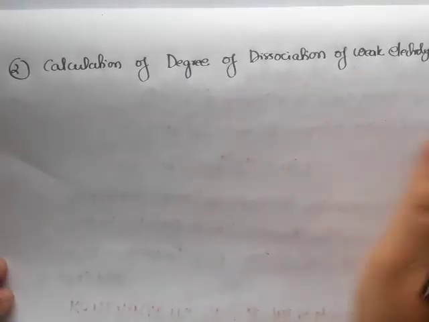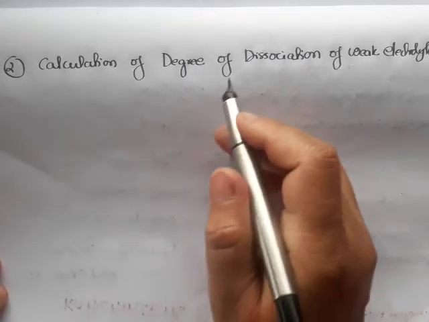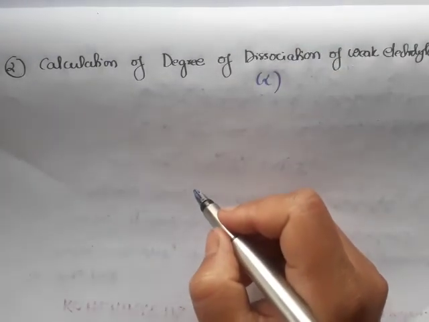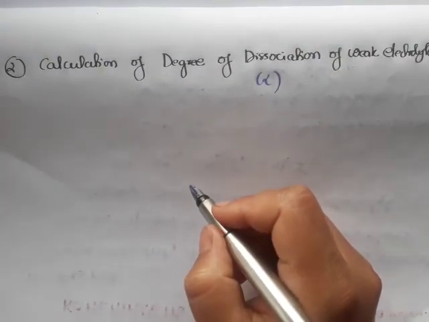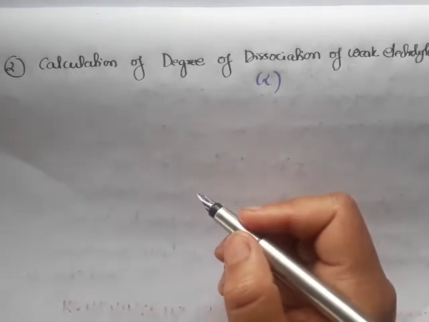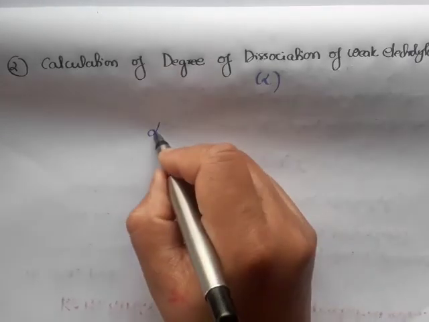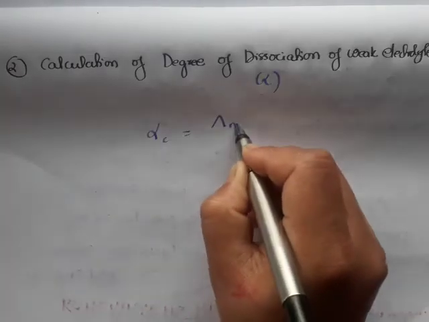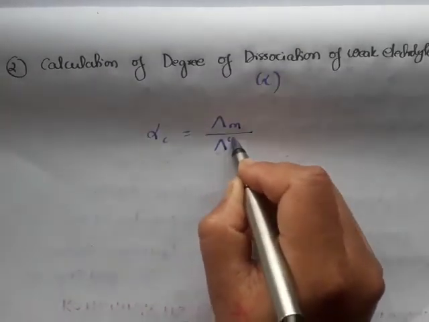Number 2 application is that we can calculate the degree of dissociation for a weak electrolyte. When the concentration approaches 0, what will happen to the degree of ionization? It becomes equal to 1, right? So complete dissociation takes place, and the degree of dissociation at any concentration is given by lambda m divided by lambda naught m.